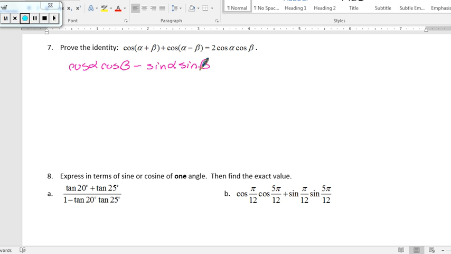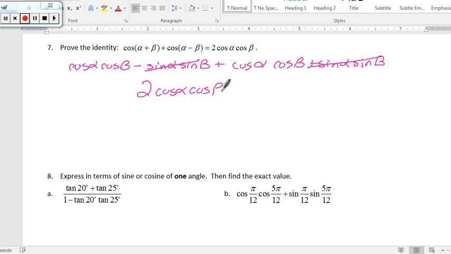The cosine of A minus B would be cosine alpha, cosine beta, plus sine alpha, sine beta. I do notice that the sine terms will cancel, and these guys are exactly the same. So if I have 2 of the same thing, now I have 2 cosine alpha, cosine beta.